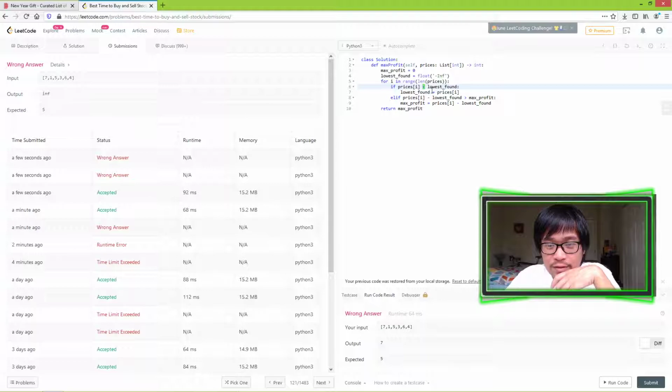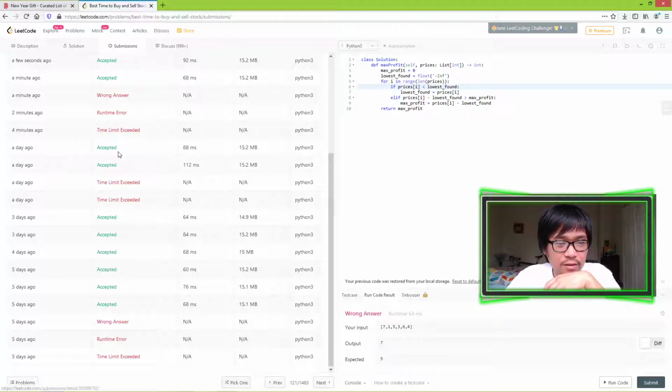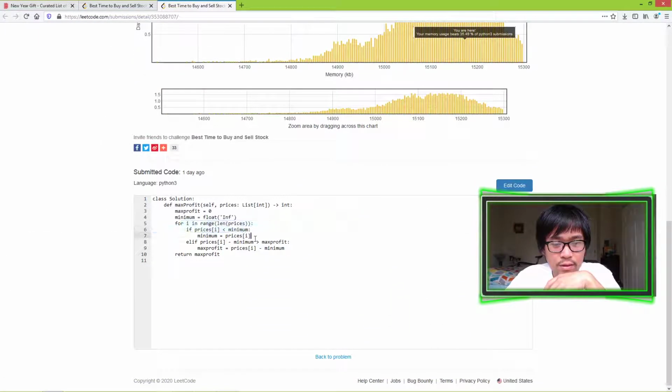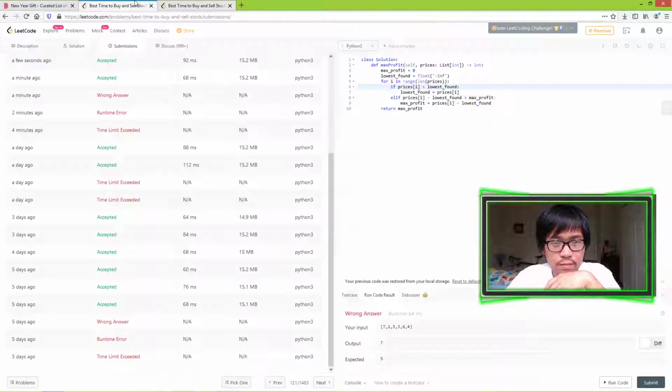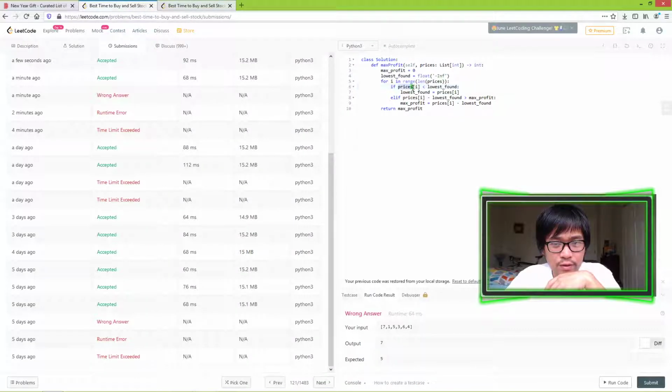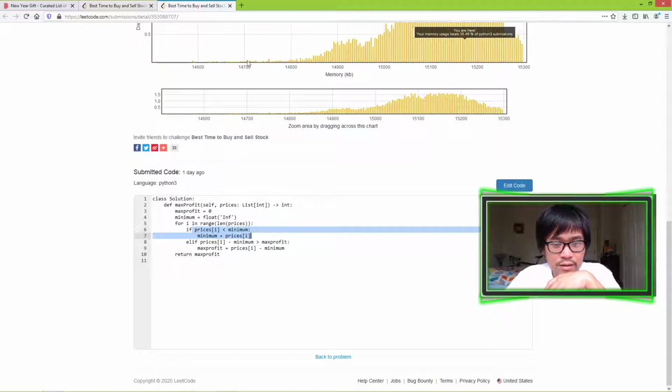So if the price i is maybe greater than the lowest found, doesn't work. How did I do it again? Let me see. Yeah, seems correct. Lowest found equals prices i. Yeah, so prices i minus minimum.